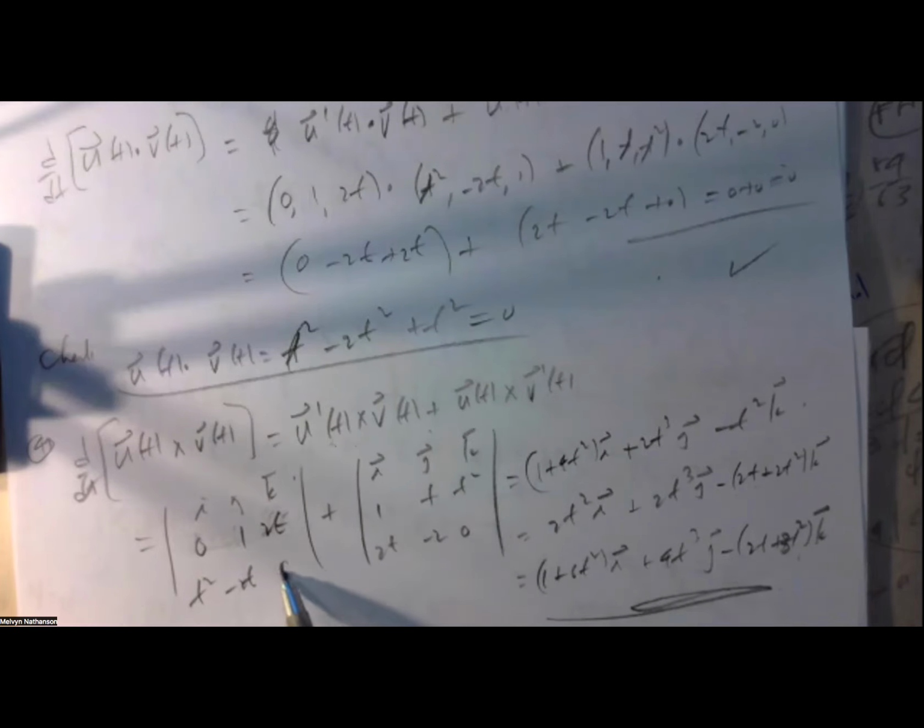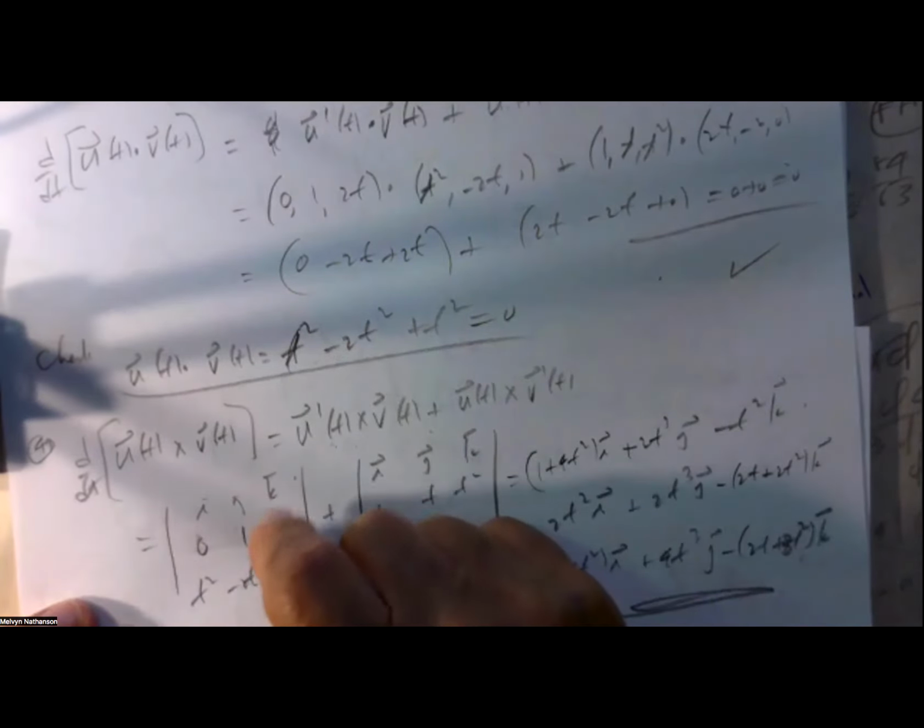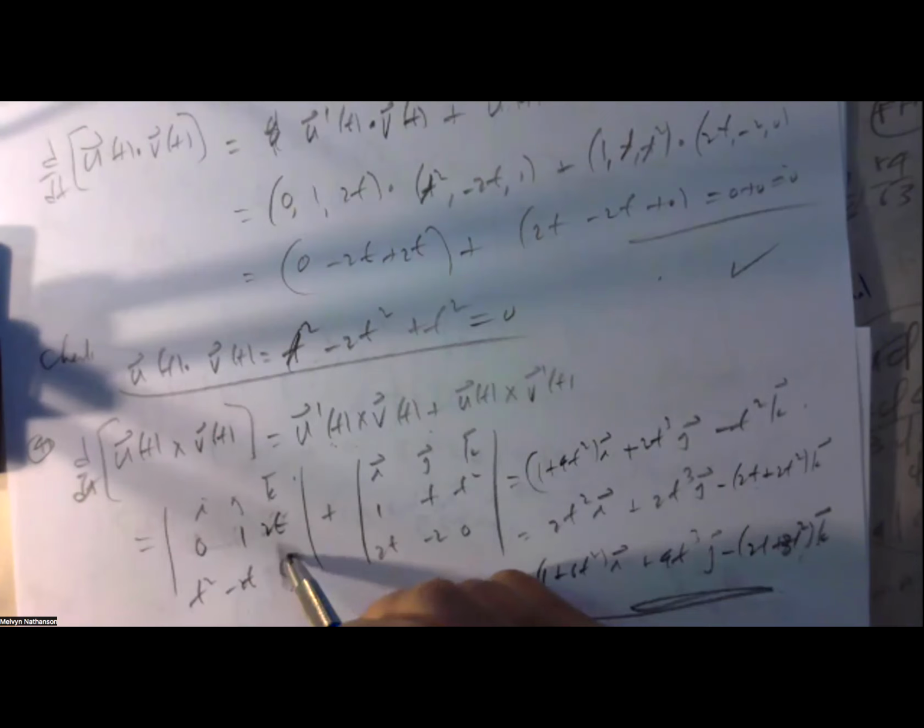Let's just double check this k component. This should have been a 0. No, it's not right. Sorry. That's correct. t squared, minus 2t, 1.